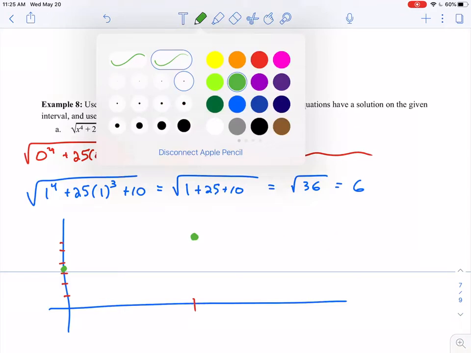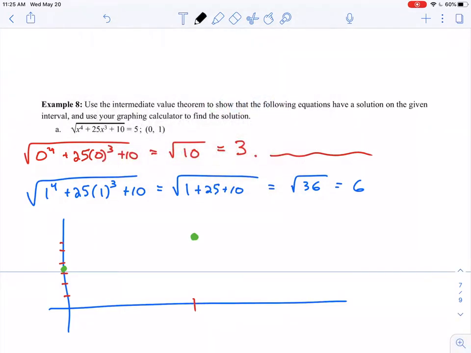What the intermediate value theorem says is that as long as our function is continuous, if you start here and want to end here, we have to cross this dashed line at some point, somewhere between 0 and 1. It doesn't tell me where it is, but it does tell me that somewhere between those two points, I'm going to cross this line.